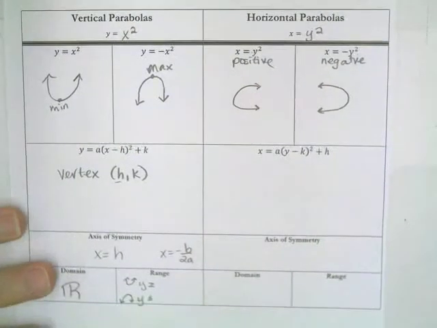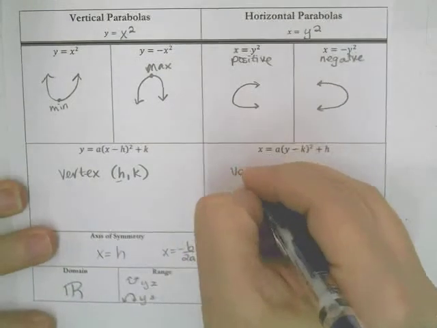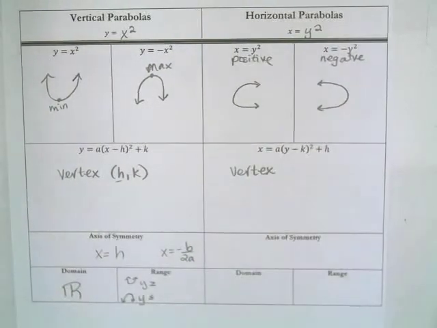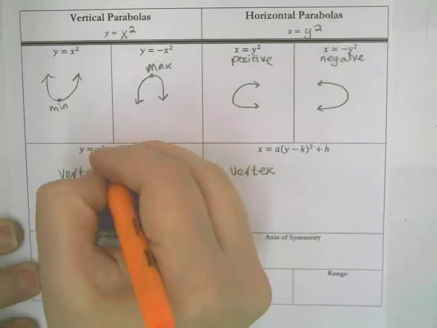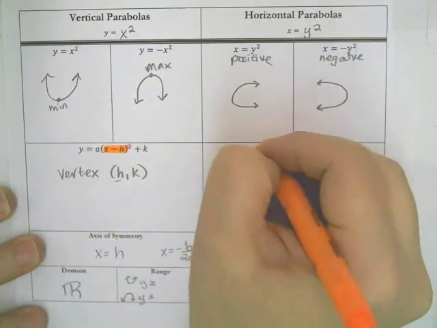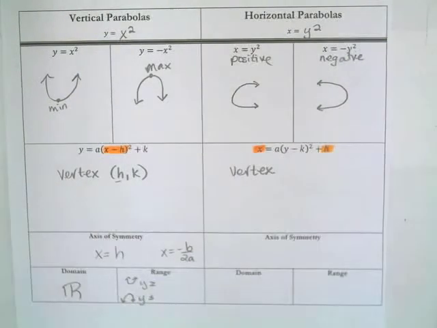Now, just like when we did vertical, we also have to do vertex on horizontal. Now, here's the thing. Over here, the x was inside with the h. But over here, the x isn't on the inside, it's on the outside. So it goes with the h on the outside, okay?